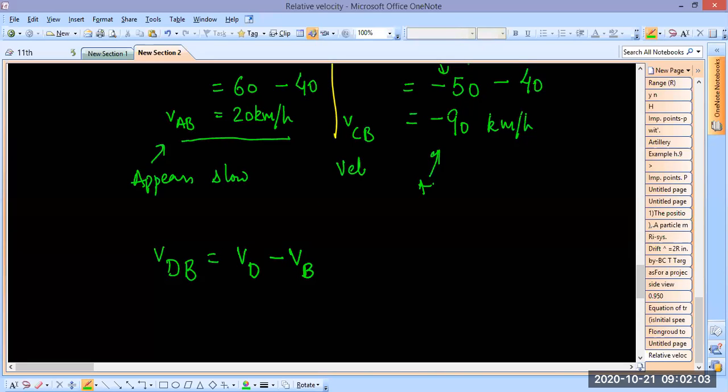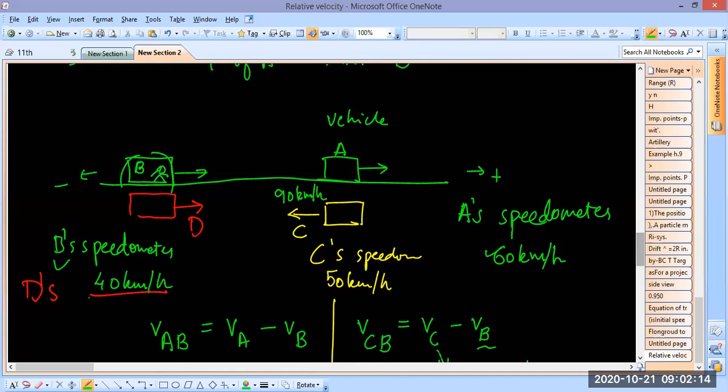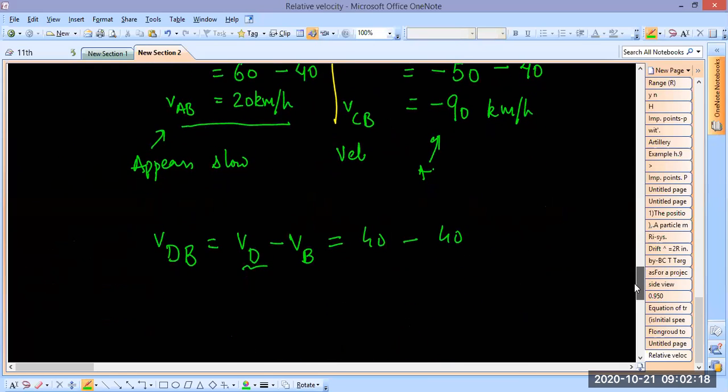That's what you have to do. VD minus VB. And both are plus 40, isn't it? Because both are going towards the right side. So both are 40. Okay, so this would mean it would be 0.